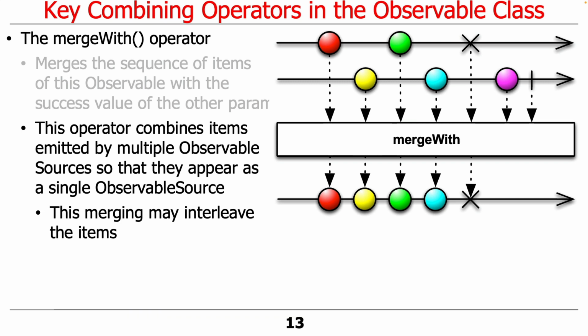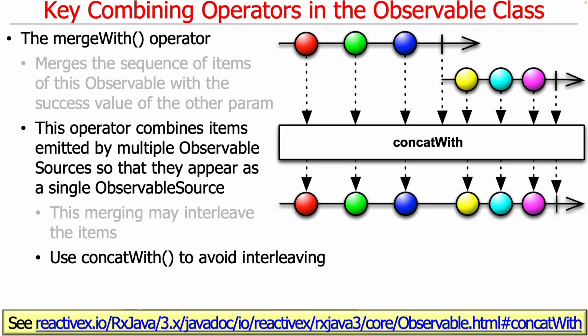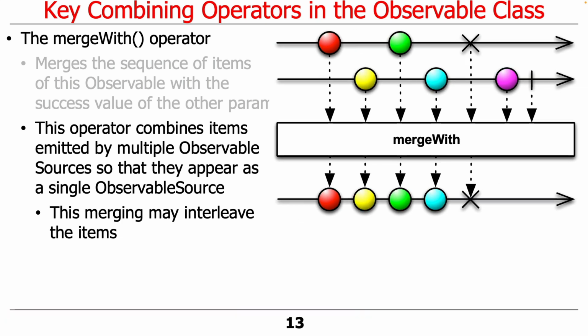The merging may or may not interleave the items. It all depends largely on whether you're doing this in parallel and how quickly the items are emitted and so on and so forth. If you take a look here, you can see that we've got 2 observables and they're interleaving their results, so that we have red followed by yellow, followed by green, followed by blue, and so on.